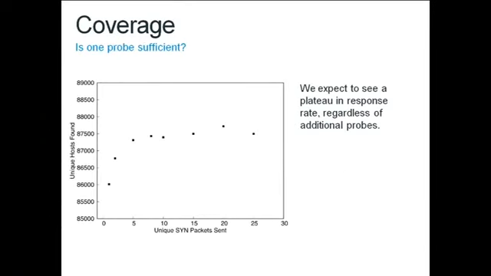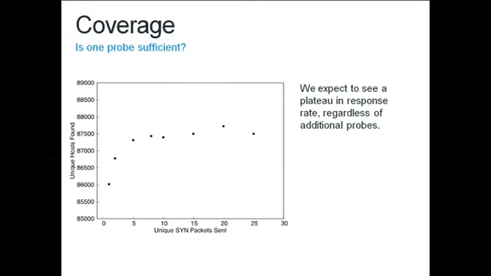Another question is, even if we're not overwhelming the network, are we getting back responses from everything that should be responding, even though we're not sending more than one SYN packet? One way we can see this is by trying to send multiple SYN packets to each address.